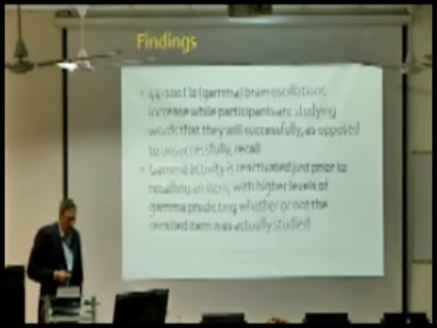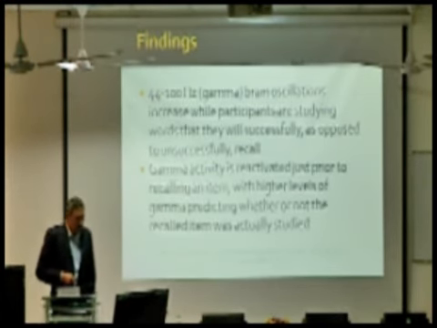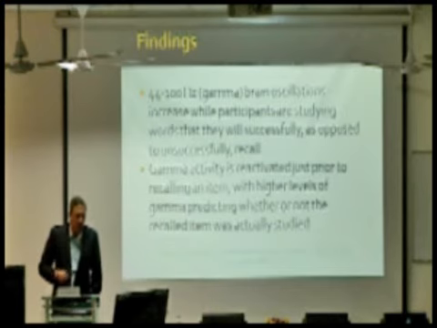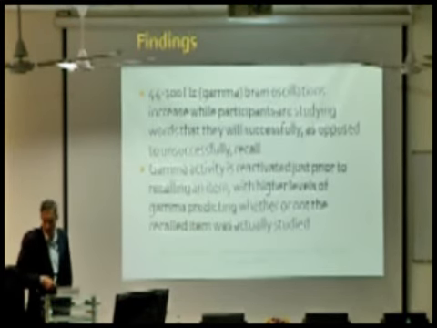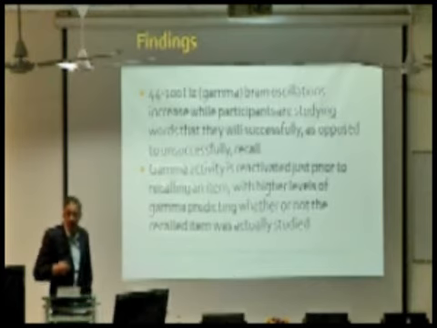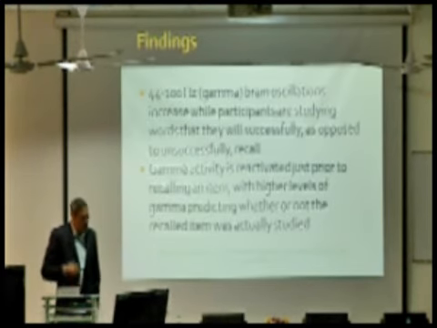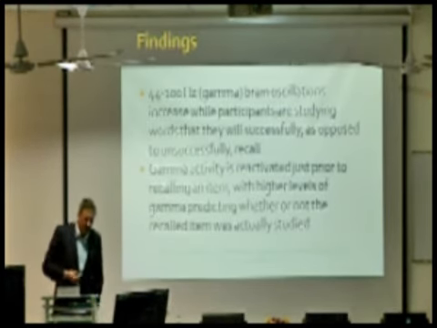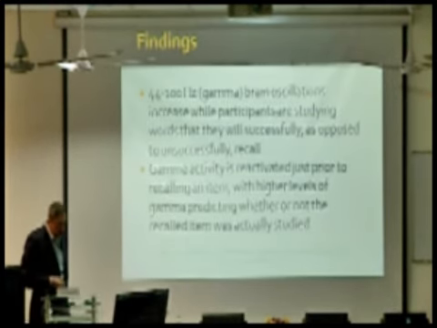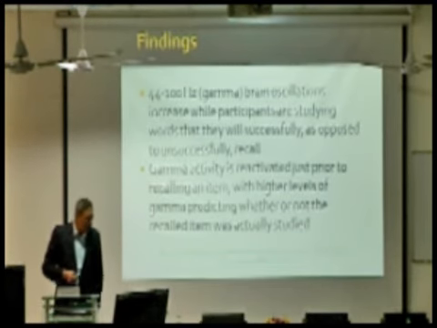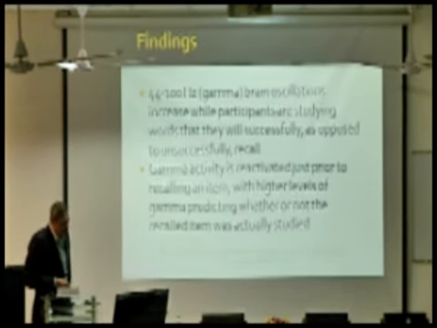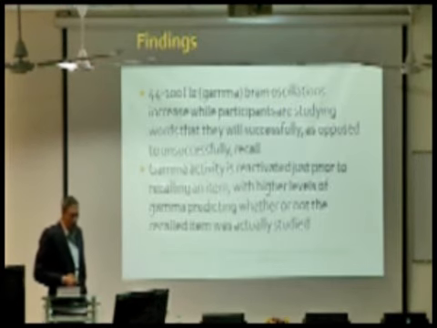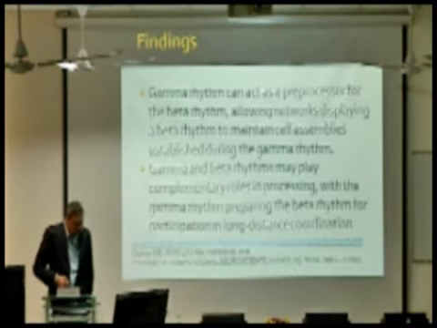In fact, 44 to 100 Hertz gamma brain oscillations increase while participants are studying words that they will successfully, as opposed to unsuccessfully, recall. So the heightened activity is there when they are in the formation of, or hardwiring, the connections between distant neurons. Gamma activity is reactivated just prior to recalling an item, with higher levels of gamma predicting whether or not the recalled items are actually studied.